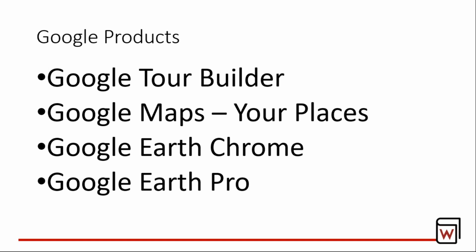So there's 4 different Google products that we're going to touch on today: Google Tour Builder, Google Maps, and then the 2 different versions of Google Earth. And in your handout today, there are 2 separate handouts. One talks about the Google Maps Your Places tool, and the other talks about Google Earth Pro, as those are the 2 programs that we're going to focus the most on today.